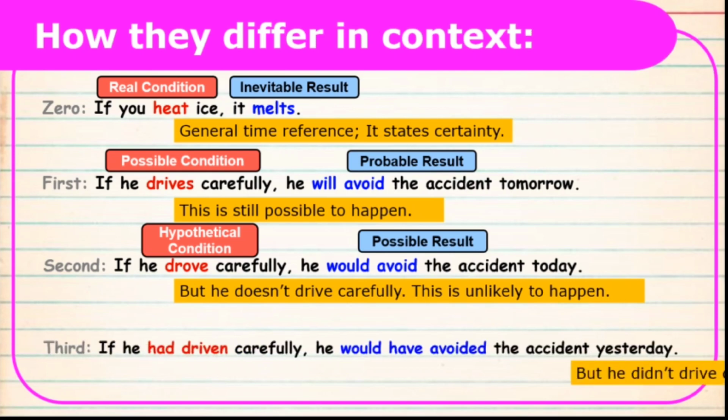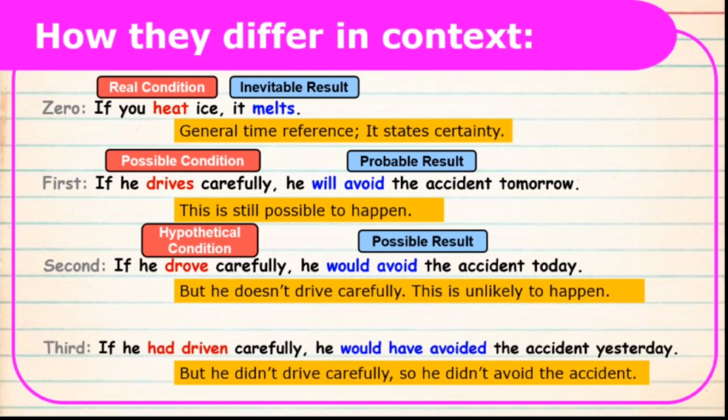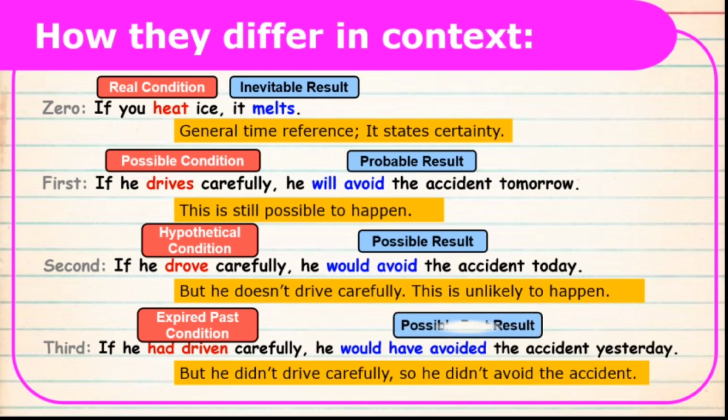And lastly, in third conditional, if he had driven carefully, he would have avoided the accident yesterday. The condition is already expired in the past, or there is no possibility at all. And the result is possible in the past, but in real sense, it is really unlikely to happen, whether in the past or even, and most especially, in the present.